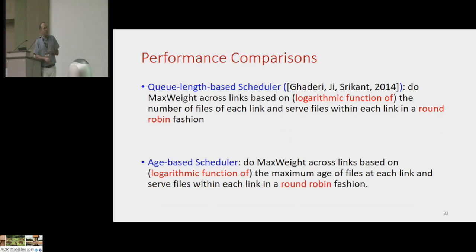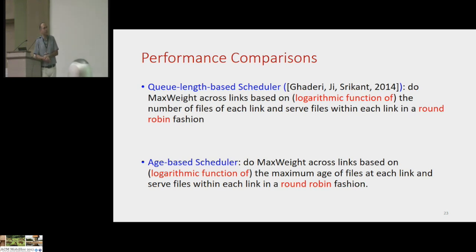The further questions concern comparison to other policies that exist. The two policies of interest are, first, what we call the queue-length based scheduler, although this is not the traditional max weight. It's slightly different, based on the work of Kaderi, G and Shrikant.